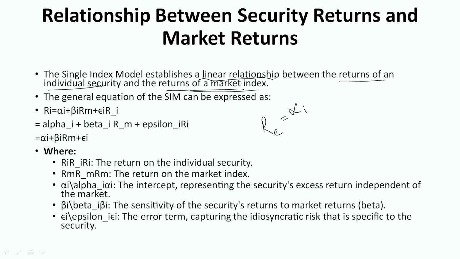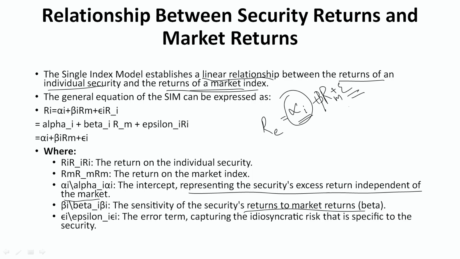Alpha is the intercept which represents the excess return independent of market. So, which means this has nothing to do with market. So, market may go up, market may come down, we are not concerned about it, but there are certain factors which can move in such direction, plus the beta factor, it is the sensitivity of return of the market stocks. So, it is the market return, beta of market return plus epsilon.